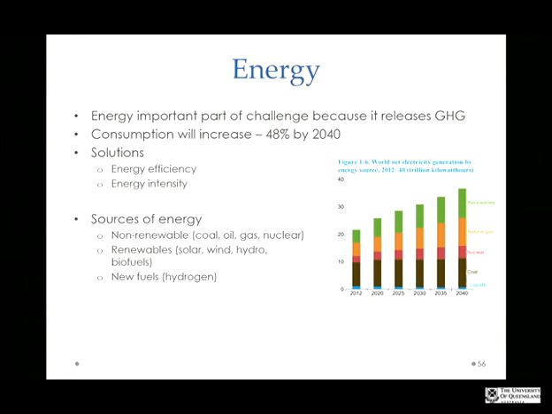We also have renewables, which are new and kind of scattered around, so they don't necessarily have big central power generation. They include things like solar, wind, and biofuels. And then there are potentially new fuels coming on, like hydrogen, which, if it can get off the ground, would obviously be a wonderful thing, but we don't know yet whether it will.